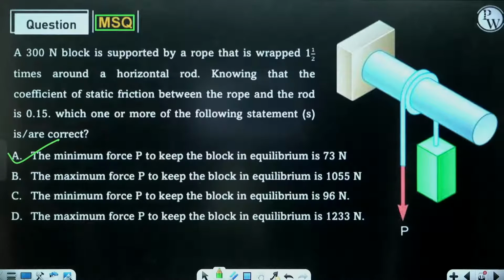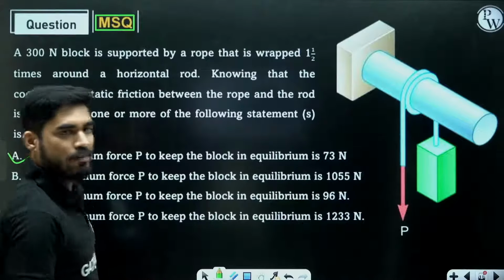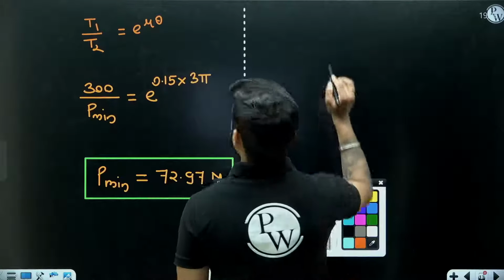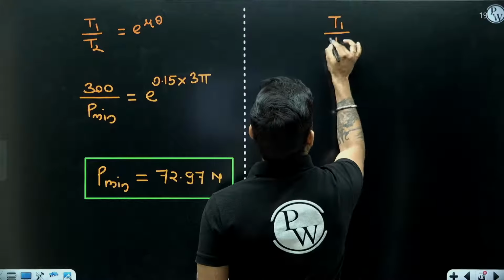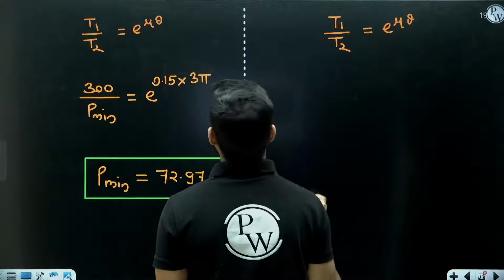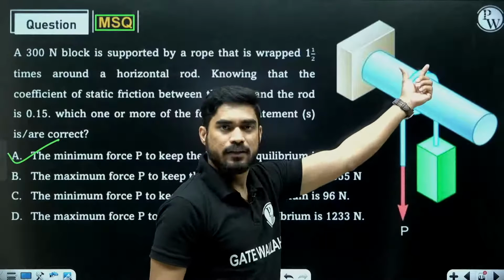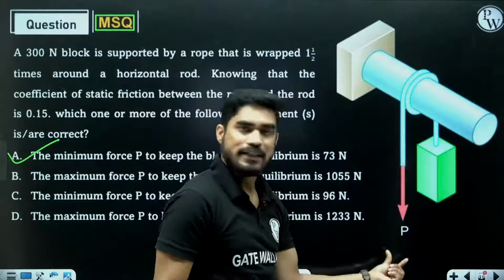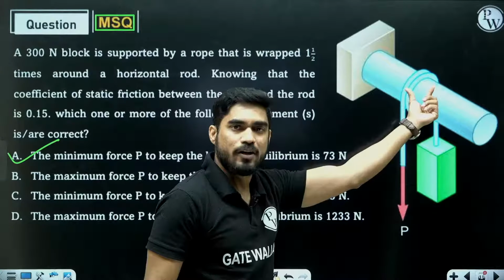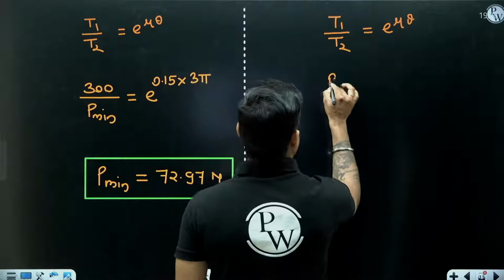Now we need to find the maximum force in order to keep the block in equilibrium. So we will use the same equation, T1 by T2 equals e to the power mu theta. But this time you will assume that the block is going up and this side is going down. So this time this will be your maximum tension and this will be your minimum tension. So you will get P maximum.